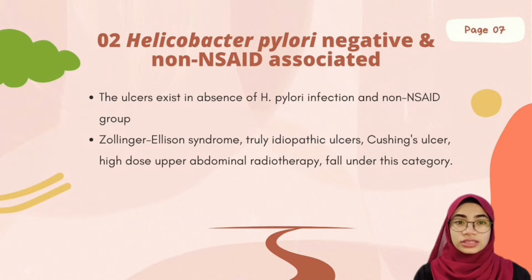In the second condition, the ulcer can exist in the absence of Helicobacter pylori infection and non-NSAID group. Zollinger-Ellison syndrome, truly idiopathic ulcers, Cushing's ulcer, and high-dose upper abdominal radiotherapy fall under this category.